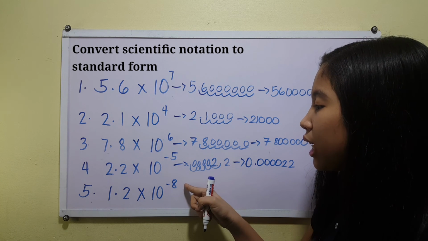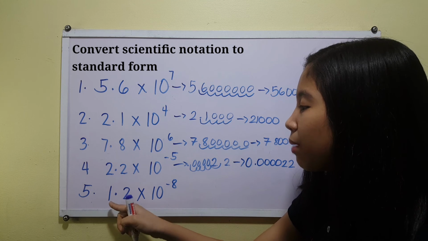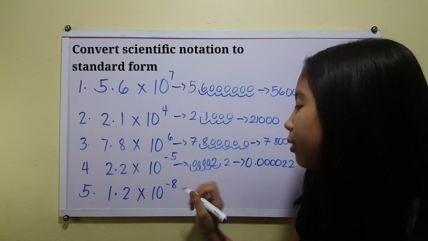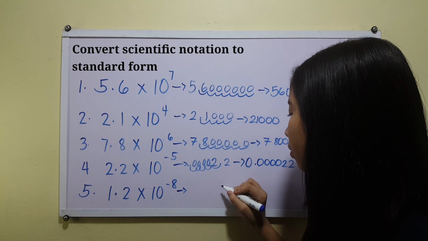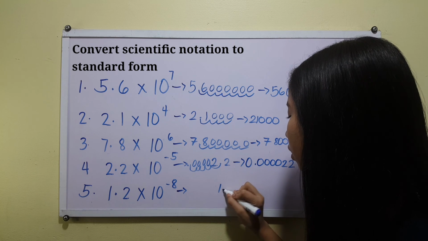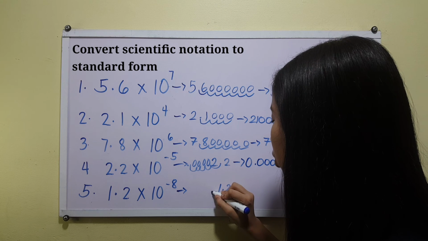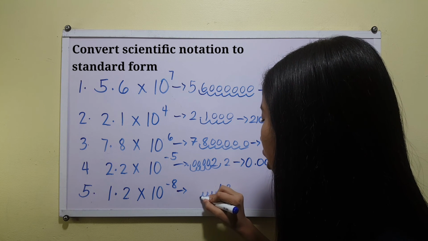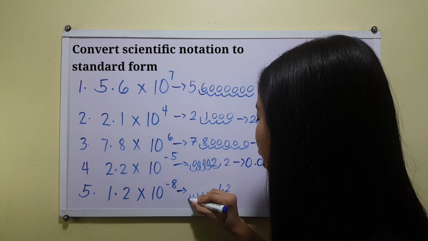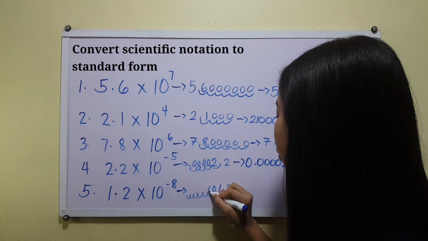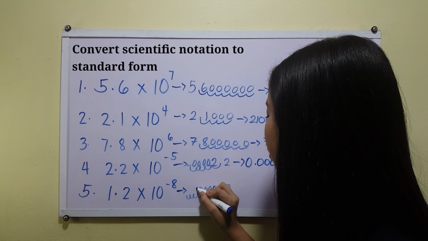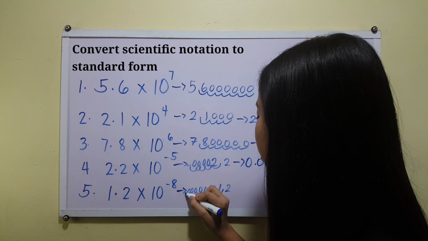Lastly, we have 1.2 times 10 to the power of negative 8. And since our exponent is negative, we are going to move the decimal 8 places to the left. Let's move the decimal. 1, 2, 3, 4, 5, 6, 7, 8. Put 0 in the spaces.